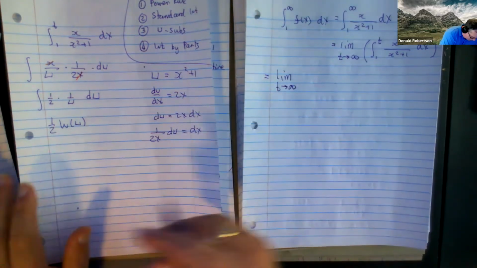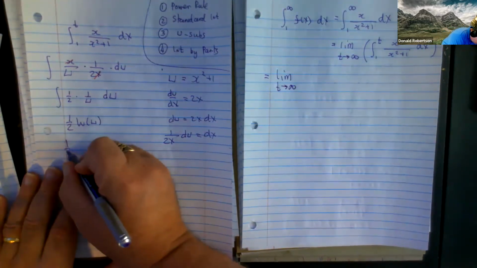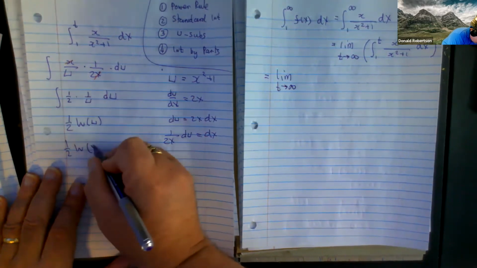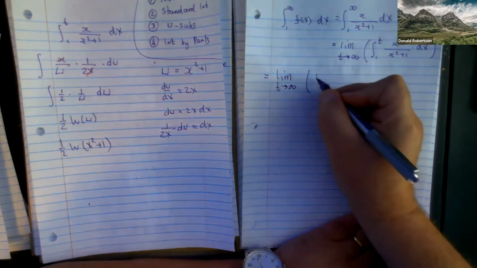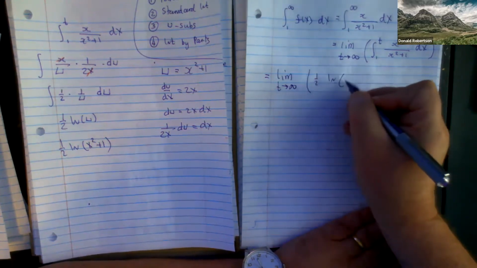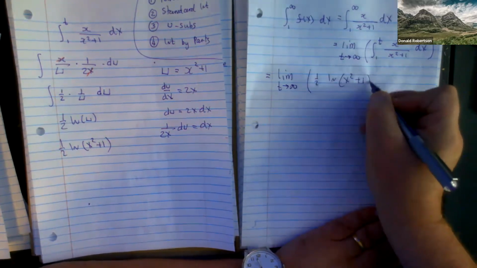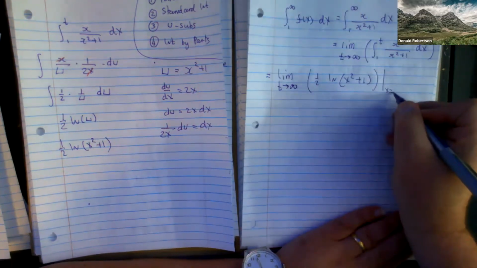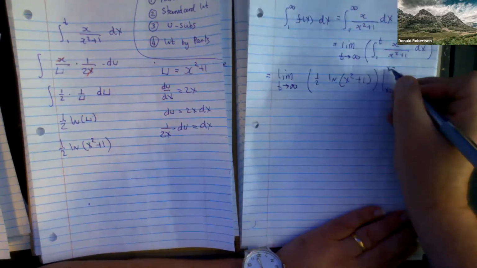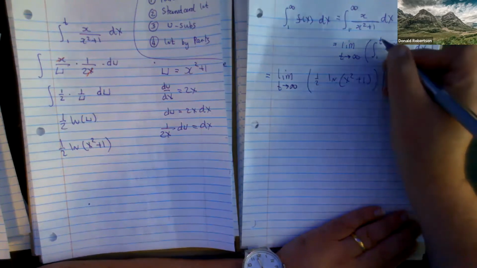Right. Oh, I forgot one thing. It now becomes 1/2 the natural log of x squared plus 1, evaluated here and here. So at x equals 1 and at x equals t.